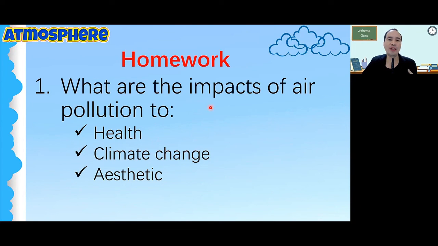Again, what do you think are the bad effects of air pollution on health, climate change, and aesthetics? Aesthetic means the place. For example, if Bangkok or Pathumthani has lots of air pollutants, what do you think Pathumthani or Bangkok look like? That is more of your aesthetic.